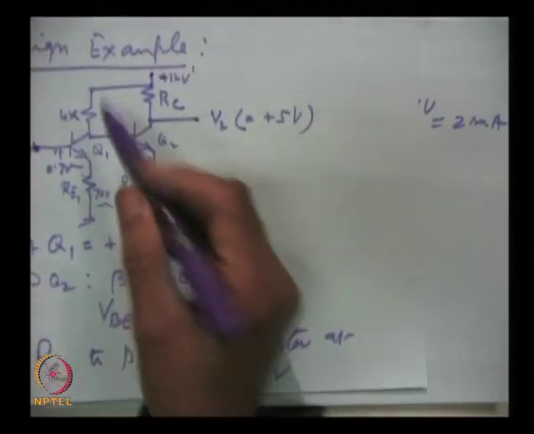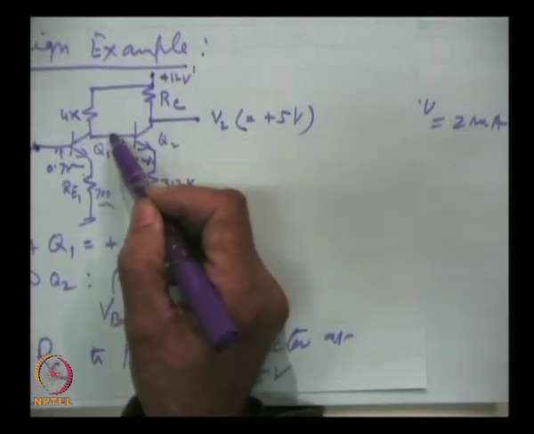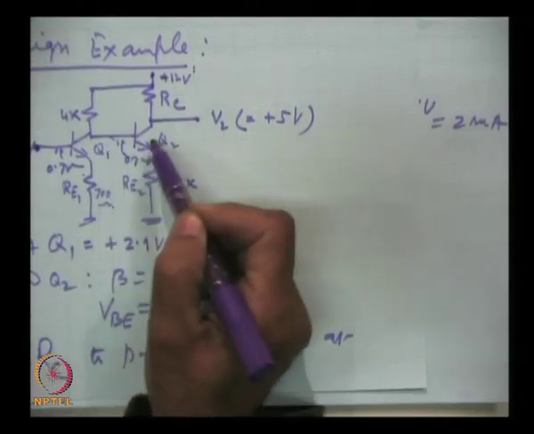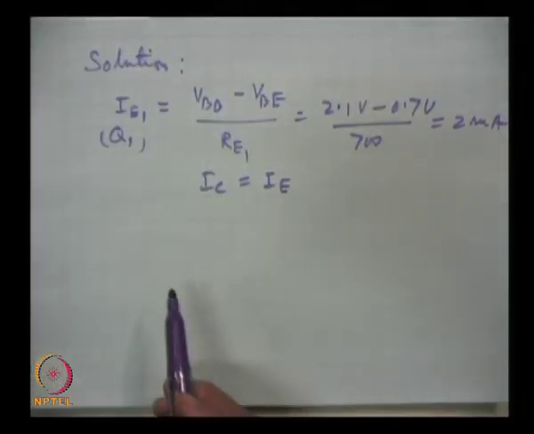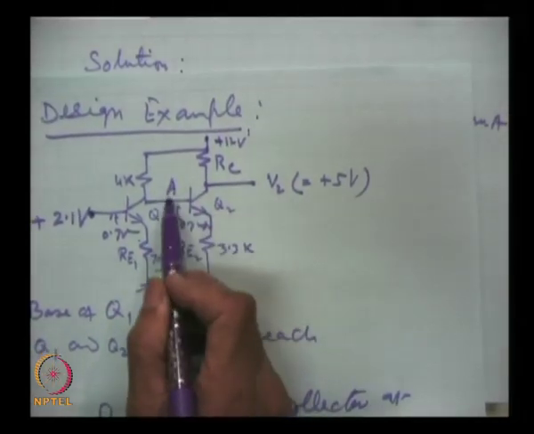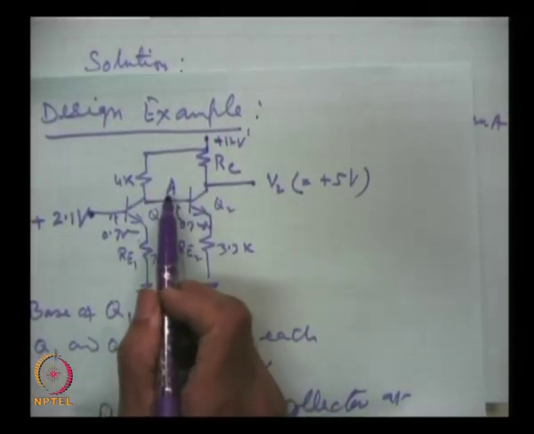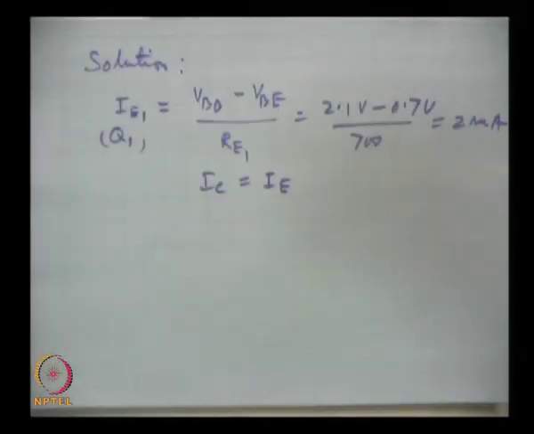So, 2 milliampere flows through here, then we know at what voltage the base of Q2 will be. And let us put this point A here. What is point A? The potential here will be the same as the collector of Q1 or base of Q2.